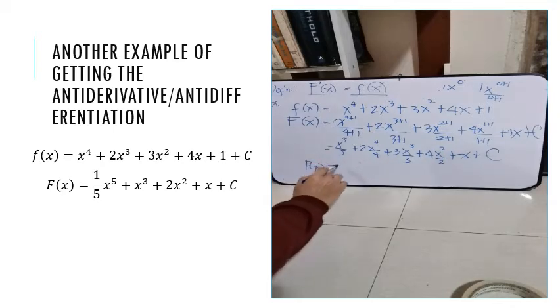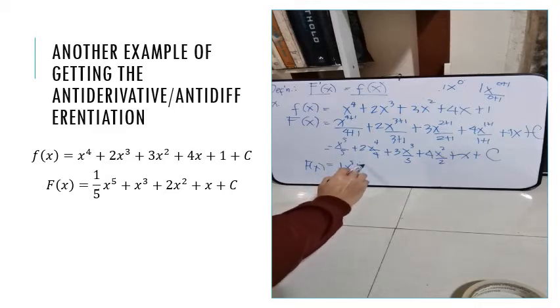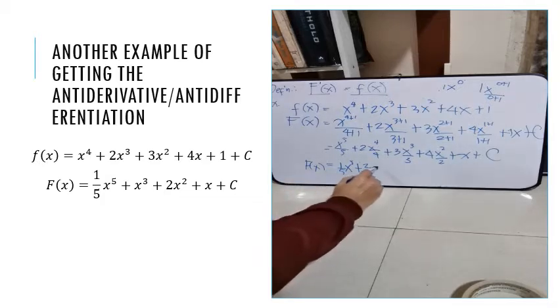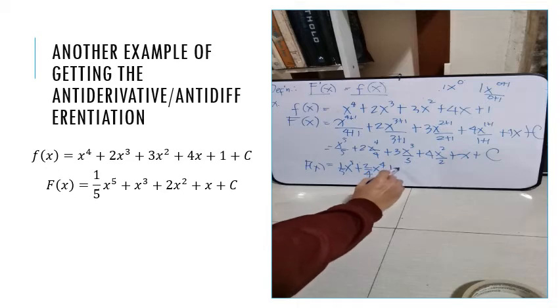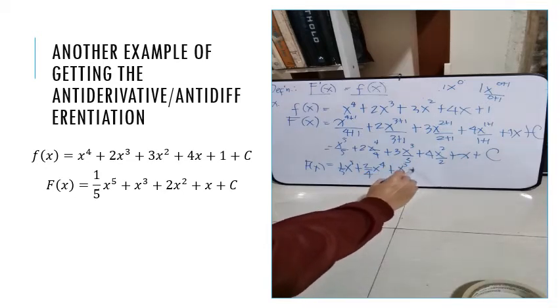So we have 1 over 5 x to the power of 5 plus 2 over 4, or pwedeng 1 half kasi yun yung simplified form, x to the power of 4 plus 3 divided by 3 is 1 na lang times x cubed is x cubed pa rin.